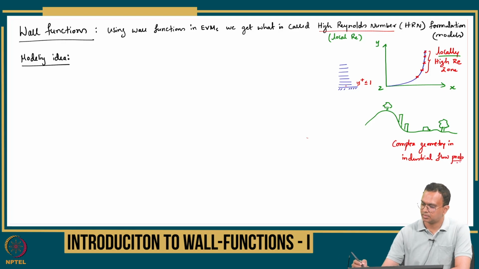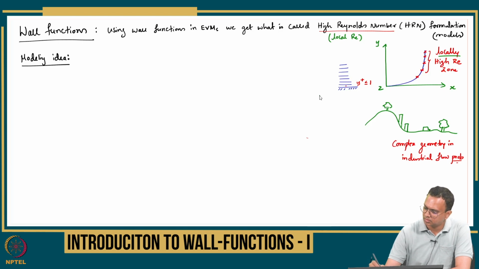So there, having this y plus less than or equal to 1 is a very demanding task. It takes a lot of time to actually have a mesh with this need, to sit and make a mesh, and it becomes very expensive also, right? So this demand for a particular mesh is very demanding, right?